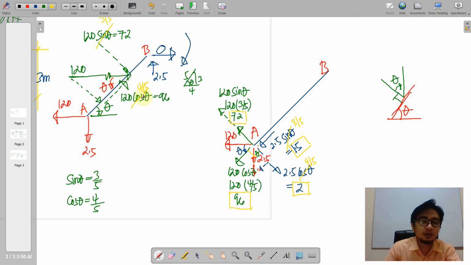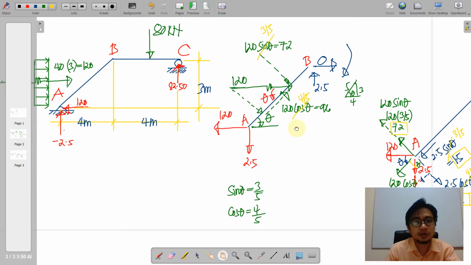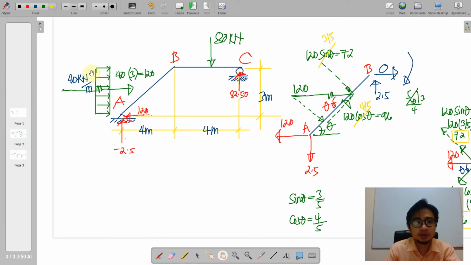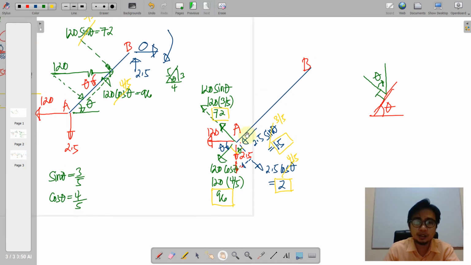Moving on to the member AB, we should have a distributed load caused by this 120 here. It should be noted that this 120 came from a distributed load, so of course we need to distribute it along AB.